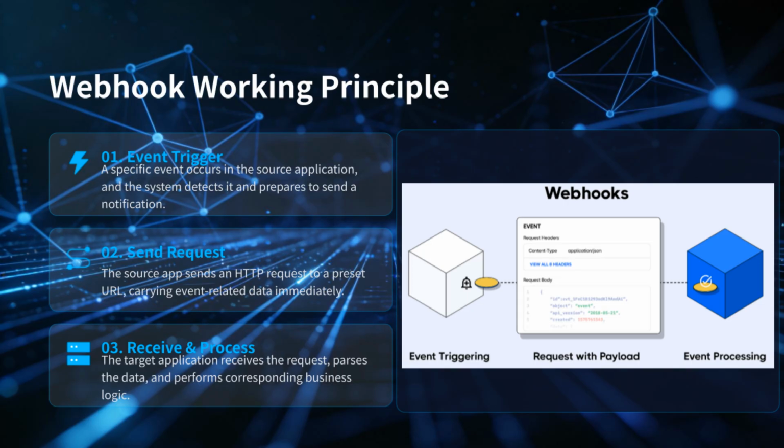The first app instantly sends an HTTP request, remember those 4 parts we talked about, to a preset URL, which is your target app, like N8N. This request contains all the relevant data from the event. Receive and process. Your target app, N8N, receives the request, reads the data, and performs the action you've set it to do, like adding the data to a spreadsheet or sending a team alert.